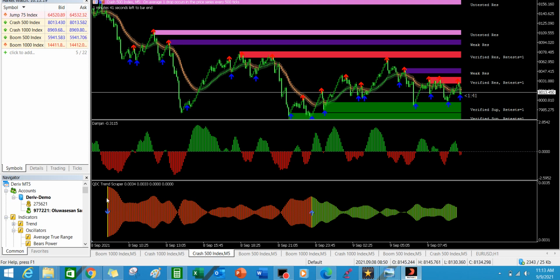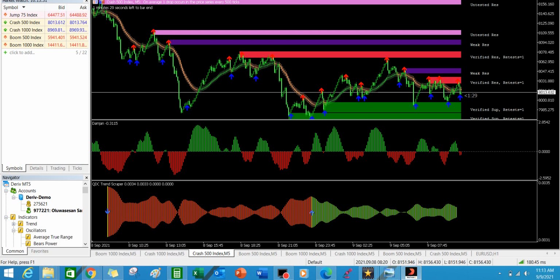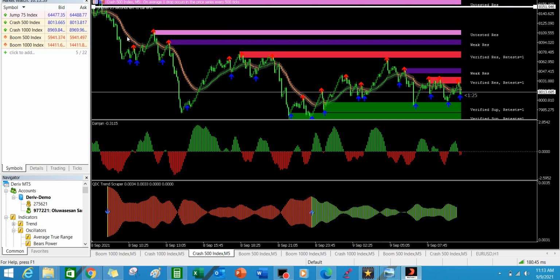Right here the trend changed from uptrend to downtrend, which means around here I should place my order, and I'll start milking the market from there to the very last level of the trend. That is amazing, right?